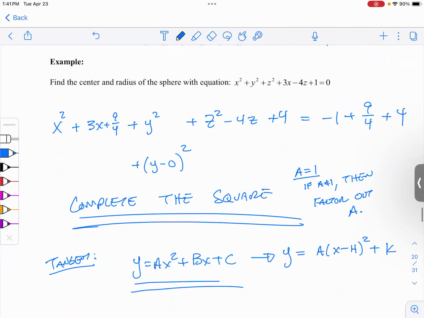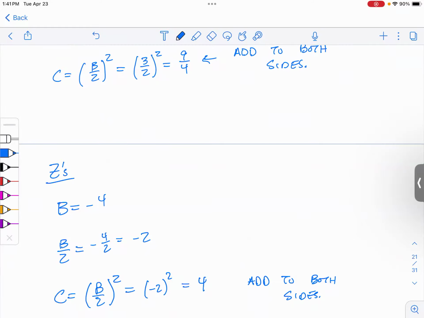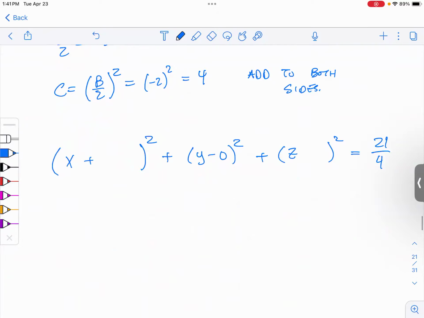But it doesn't matter because B/2 is 3/2, B/2 is -2. By identifying that, this piece is always the B/2. It's always variable plus B/2, as long as you completed the square correctly.